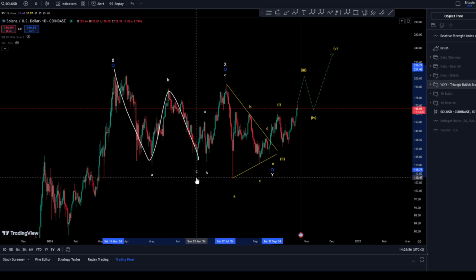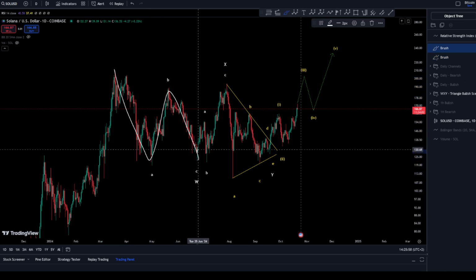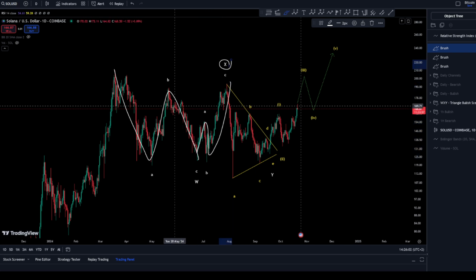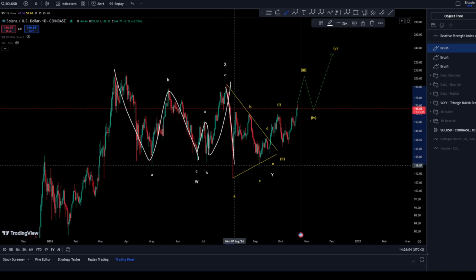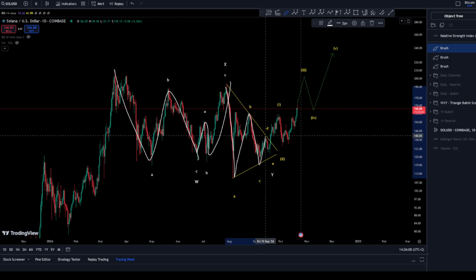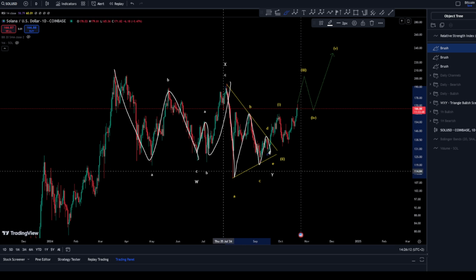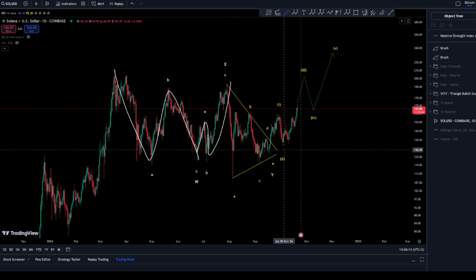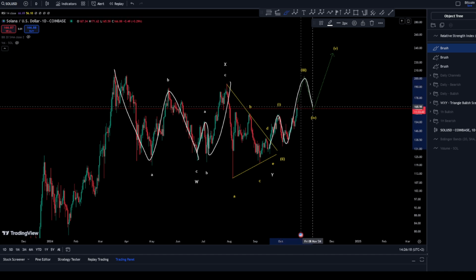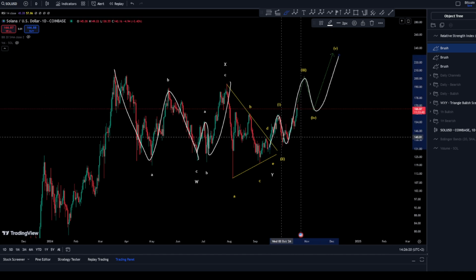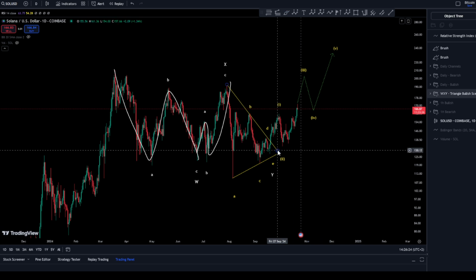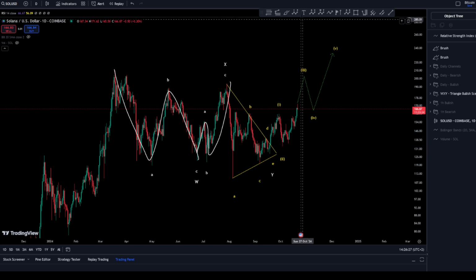And then after this, you are looking, of course, for an A, B, and a C as a zigzag for your wave X. And finally, you are finishing with a kind of triangle A, B, C, D, and E. And once you have finished this, potentially you are looking for a 1, 2, 3, 4, and a 5 towards the upside, where this impulse can play a major impulse for your wave 5.